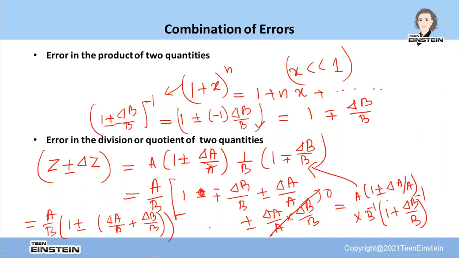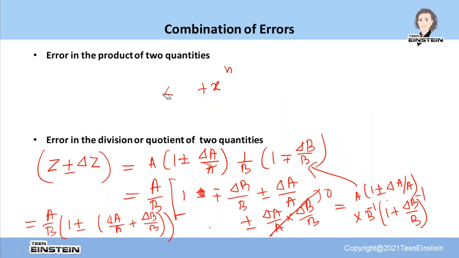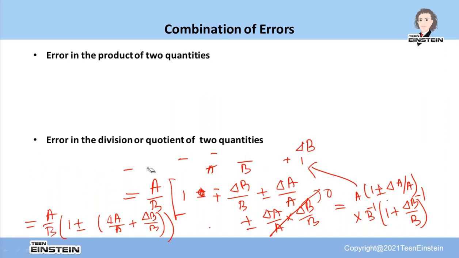That means in this case also, as you have seen in case of addition and subtraction, both cases we have taken positive of the absolute errors, the addition of the absolute errors. In this case also, finally what you have to write, in the case of division also, you have to take the addition of the individual fractional errors.